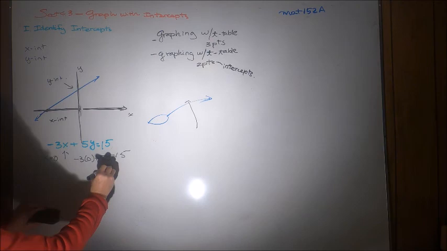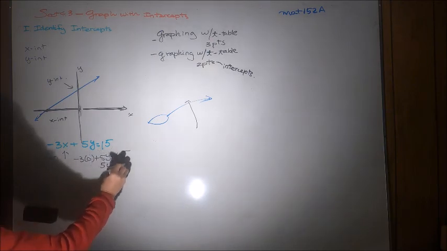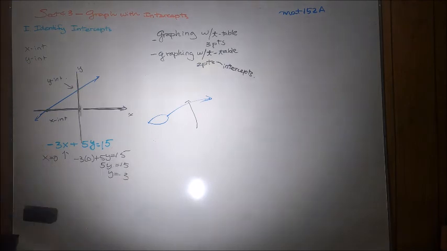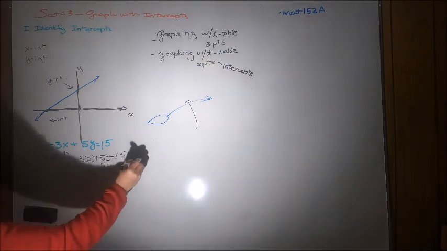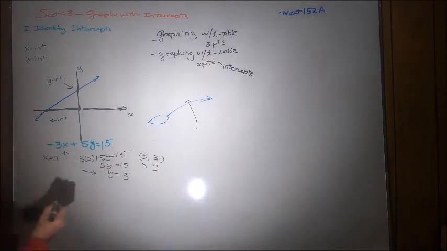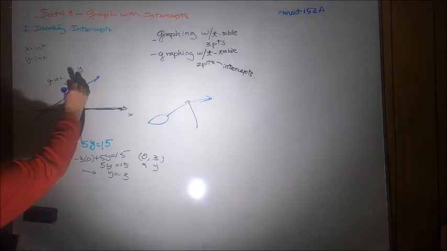Then y will be what? 5y is 15, y is 3, right? So x is 0, y is 3. So that means I have the point 0, 3. Where is 0, 3? That would be right here, right?